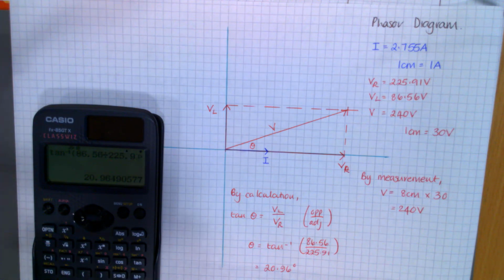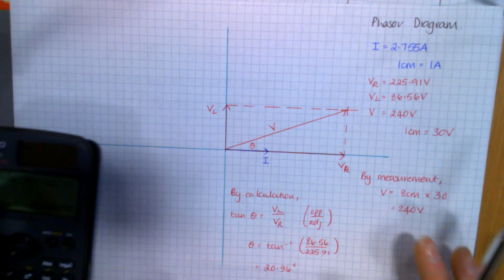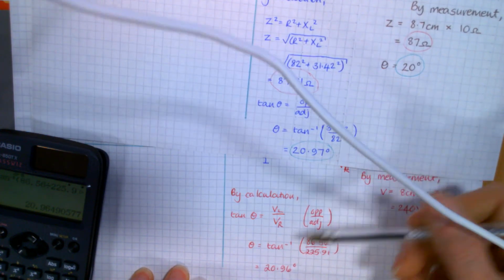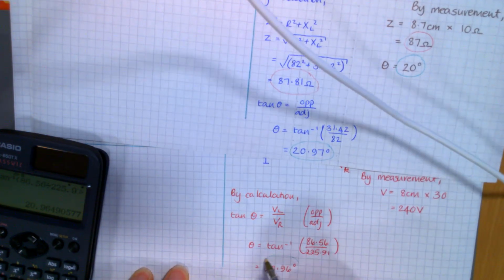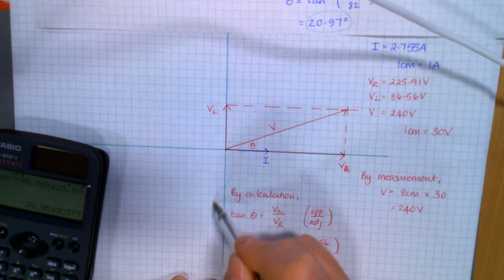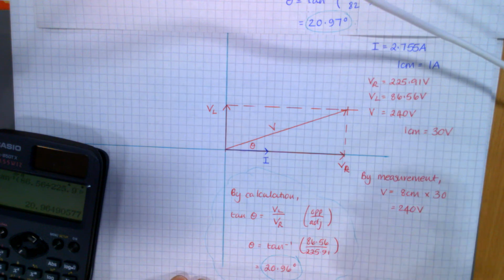Does that tie in with what we had before? Yes, it does. There it is, 20.97, 20.96. So that's pretty much the same. So that's all checked. This is just a wee additional check rather than a thing that you must do.